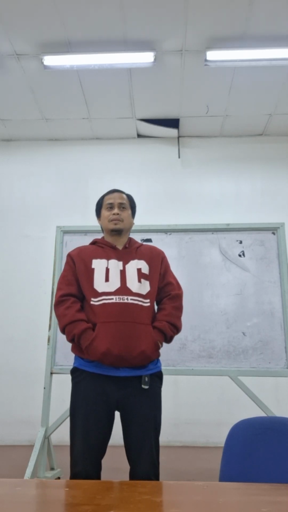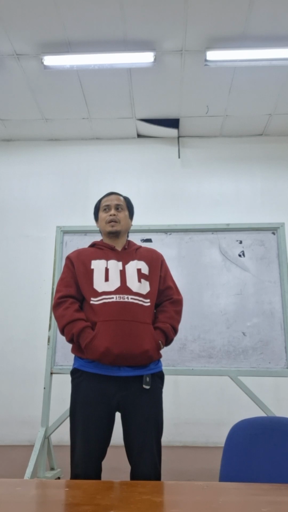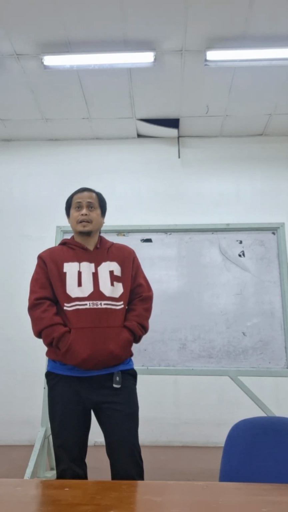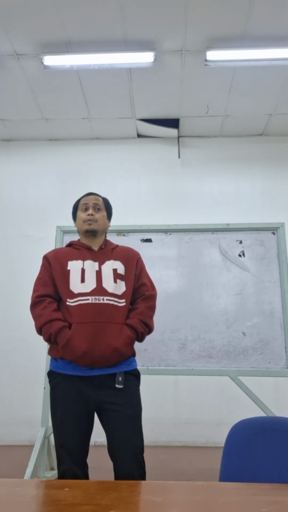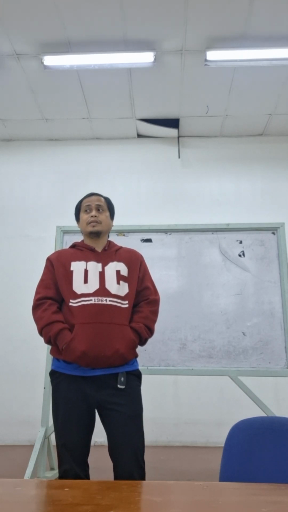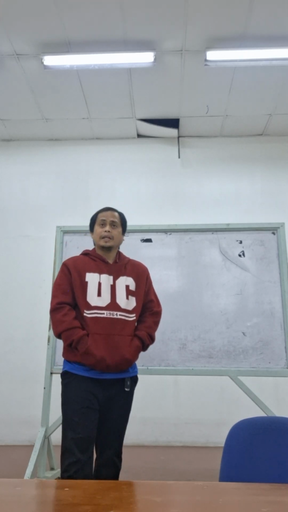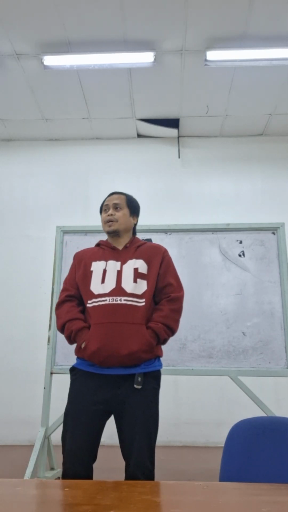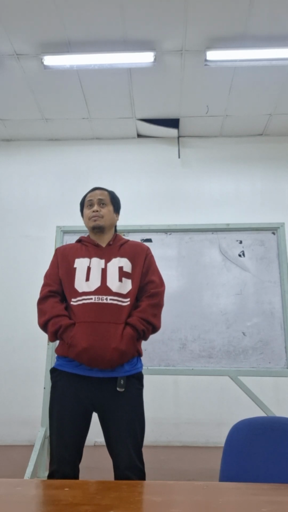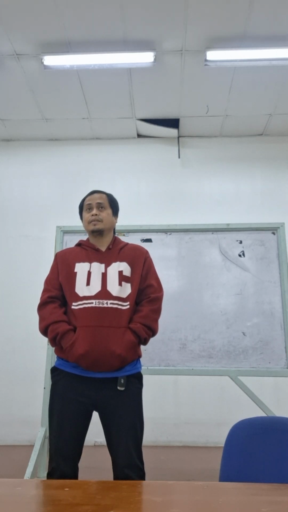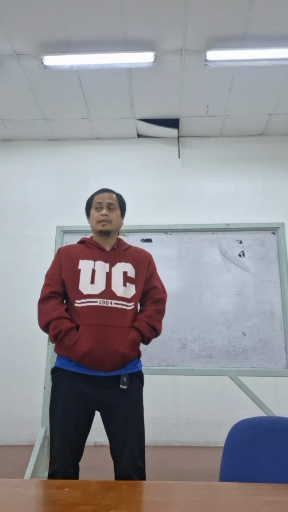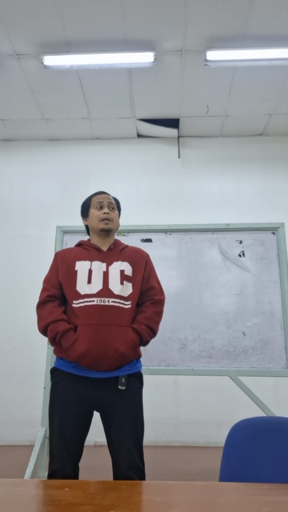What is a variable? Simply, variables are letters in the English alphabet that we are using, such as A, B, C, until X, Y, Z. In linear equation, since we're dealing with a line, we will mostly be using X and Y for two-dimensional, for a plane.